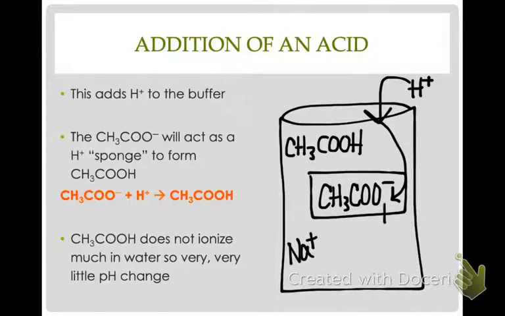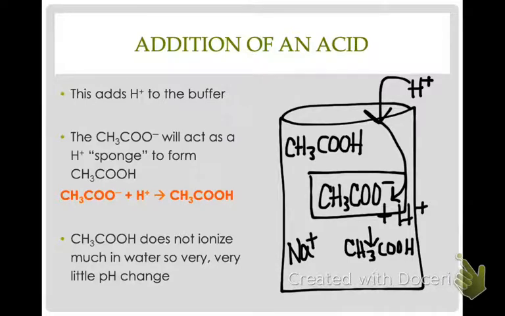It's going to take on that hydrogen ion and form ethanoic acid. Ethanoic acid is going to stay intact. It's not going to dissociate or ionize in this solution, so that hydrogen's not going to be released from the ethanoic acid.